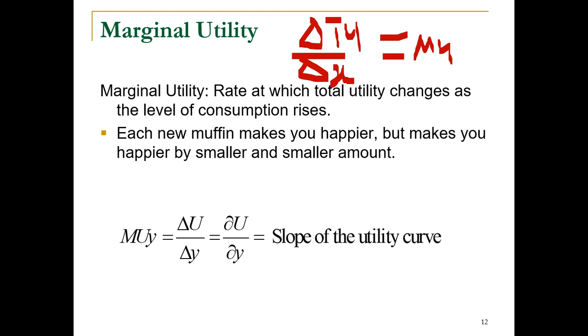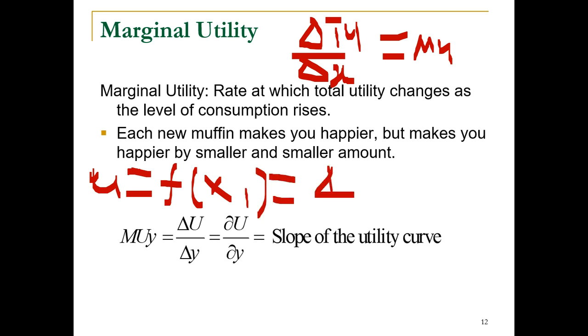Okay, now let me just say something here. Remember, this is mathematics, right? So you can have a utility function. Let's say it's a function of good x1, which is, let's say, 4x1 squared plus 3x, assuming that this is our utility function. Then the question could be, find the marginal utility, given that this is the utility function.